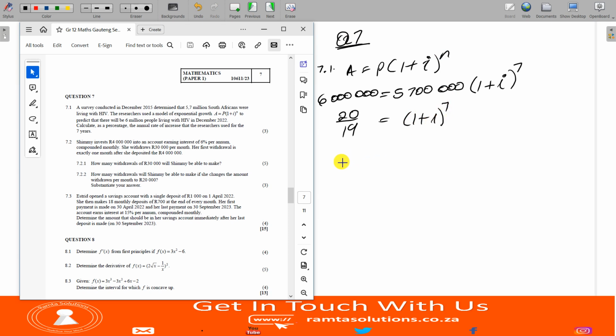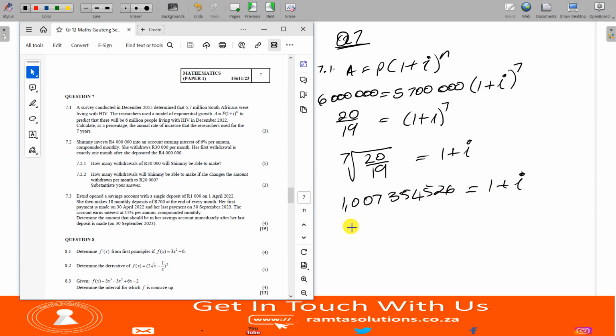So this means we can say the 7th root of 20 over 19 is equal to 1 plus i. So let's get the 7th root of our answer, which is 1.007354526 equals 1 plus i.